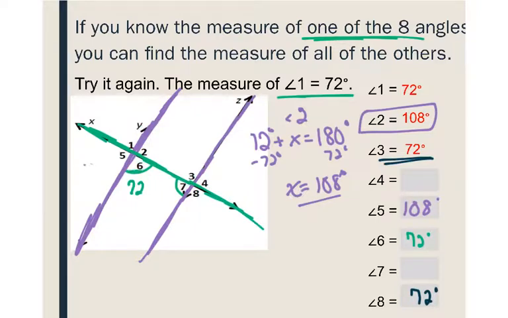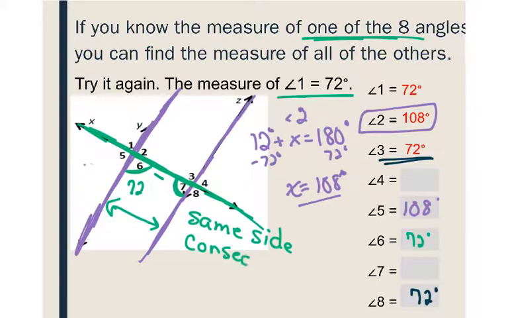Looking at the relationship between 6 and 7, they are in between my parallel lines, so they have to be something interior, and they're on the same side. So angle 6 and angle 7 are same side, or our other word is consecutive, interior angles.